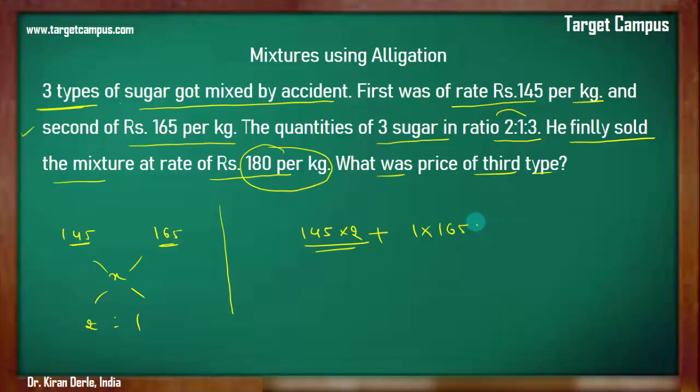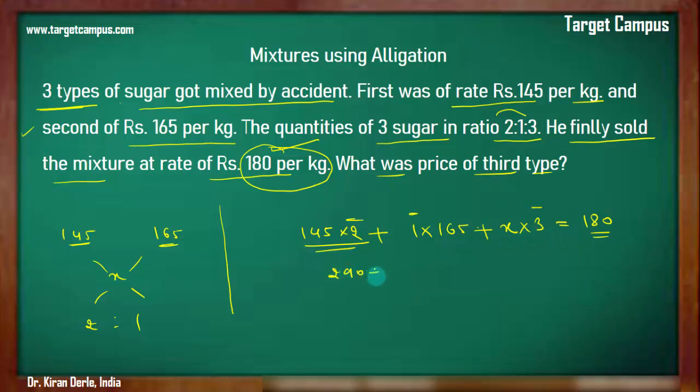Plus we don't know the rate of the third quantity, so we'll take x, and we take 3 kg. So the ratio is maintained as per the given data. These are the quantities we are taking, and these are the respective rates. So this total mixture cost price should become 180. If nothing is given, it is sold at cost price only. Profit percentage is not given, so we have to take 180 rupees only. I hope this is clear.